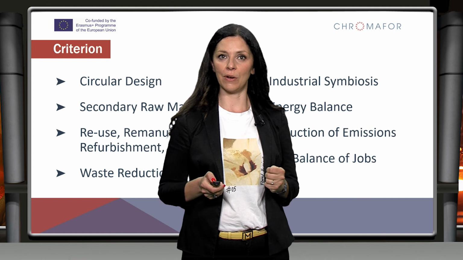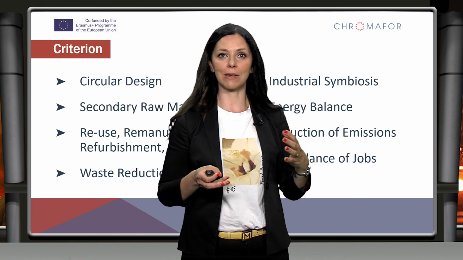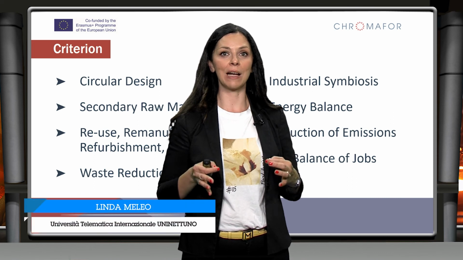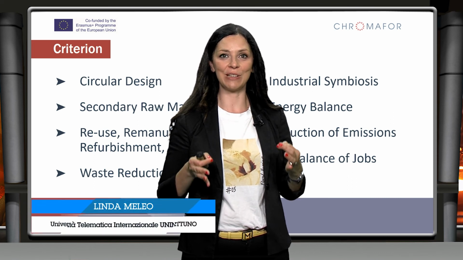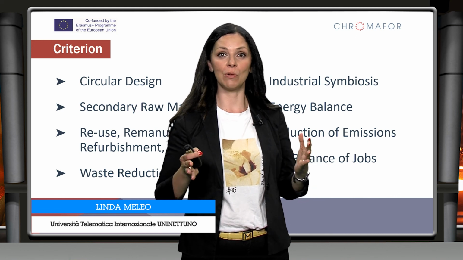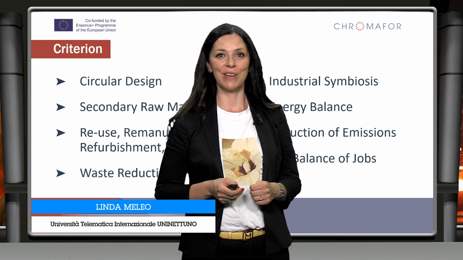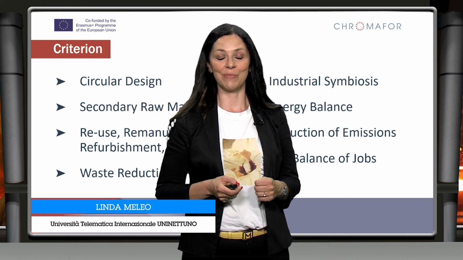So the company will have a kind of matrix with drivers and criteria which are useful to understand the degree of circular economy solutions implementation, and so the work that is needed to reach a circular economy business model.